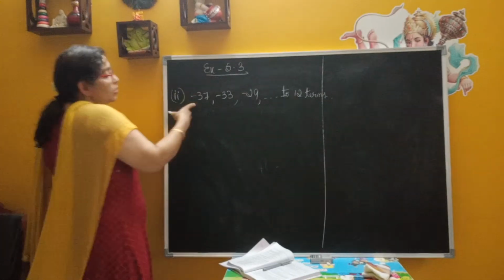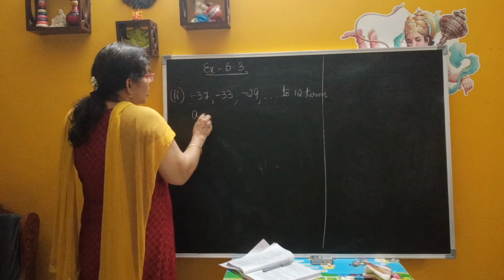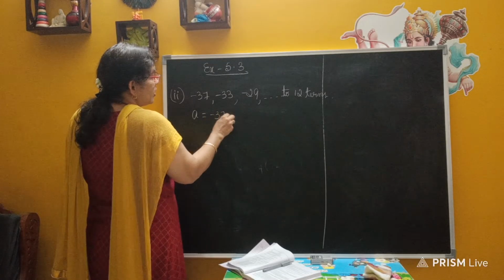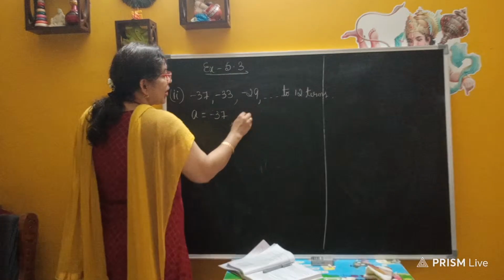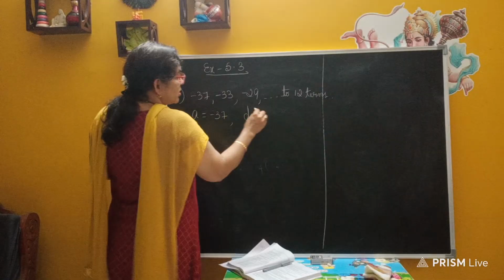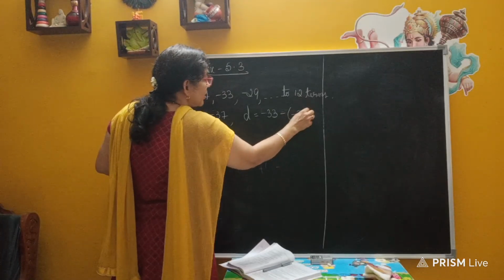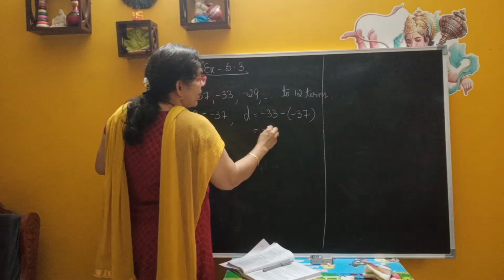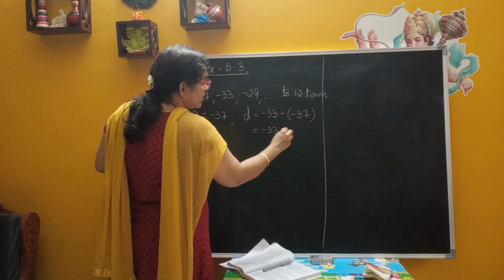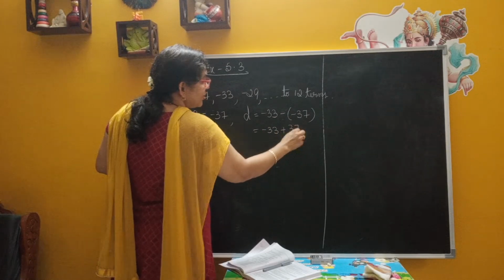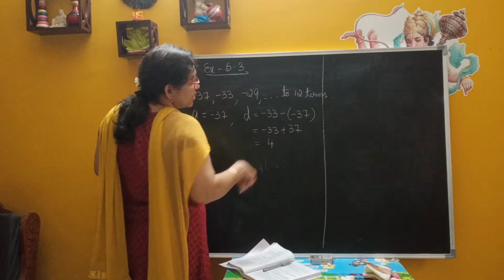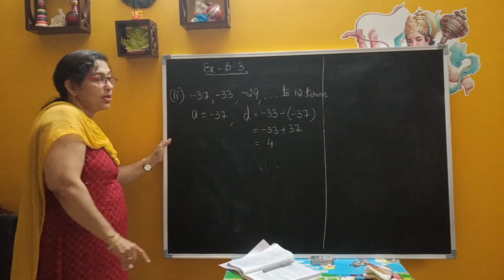So a, the first term, is minus 37. How do you get d? The second term, minus 33, minus the first term, minus 37. So minus 33 minus of minus 37, that is plus 37. What do we get? The answer is 4.